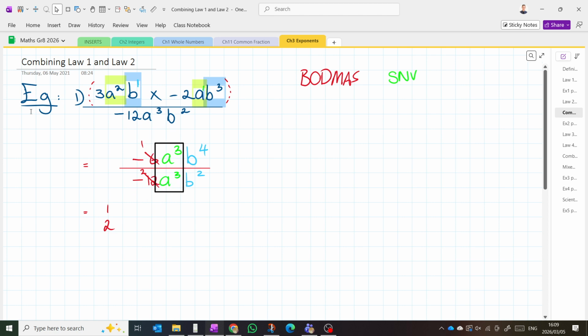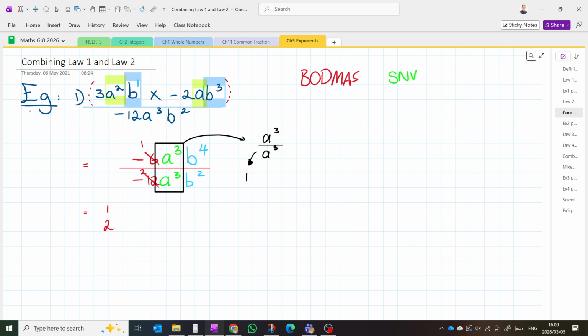Why can we say they cancel out? If we isolate this and we say, well, this is a to the power 3 divided by a to the power 3. This should remind you of what we looked at in a previous lesson. If I divide something by itself, we always say it equals 1.